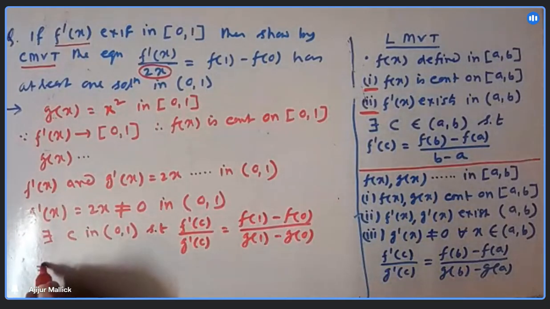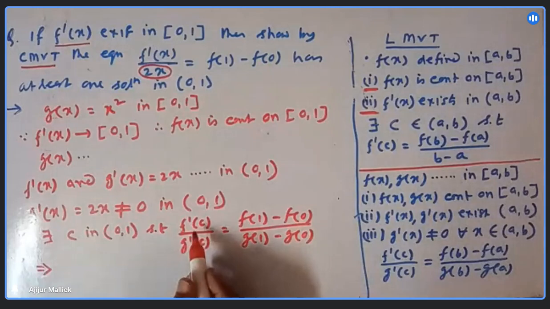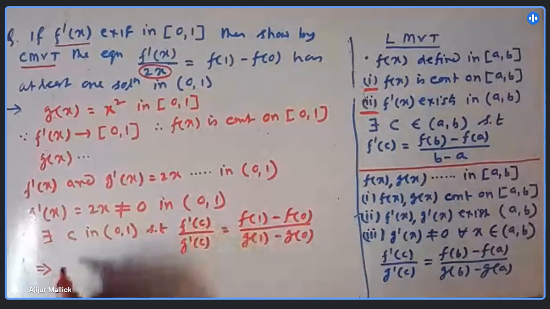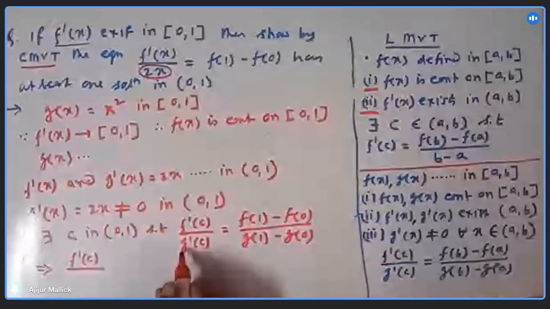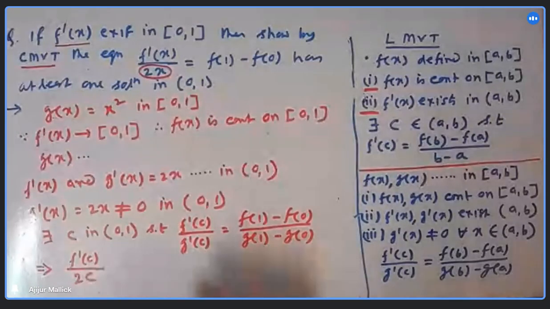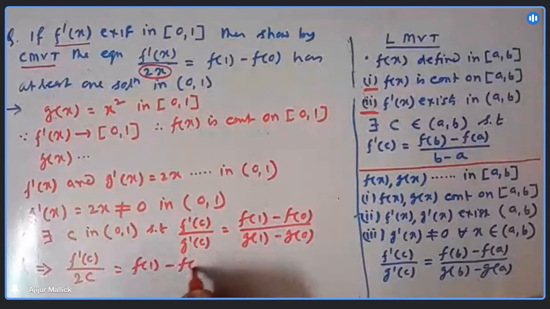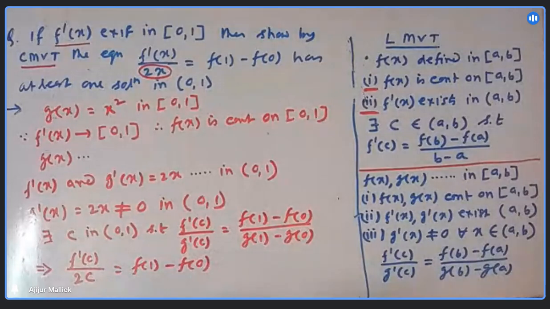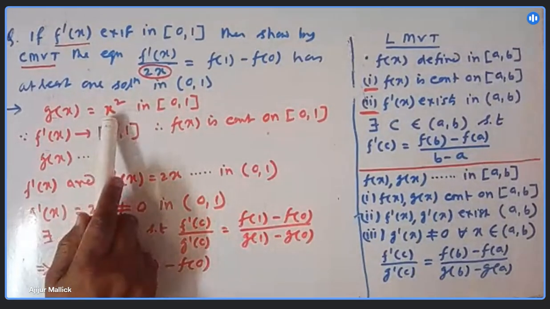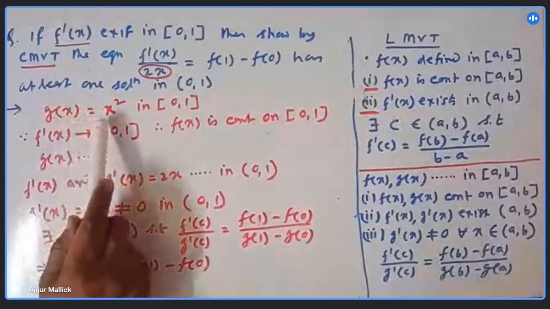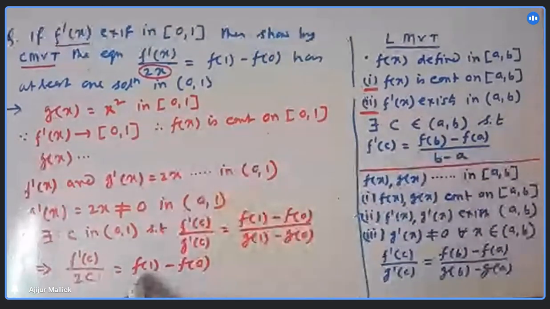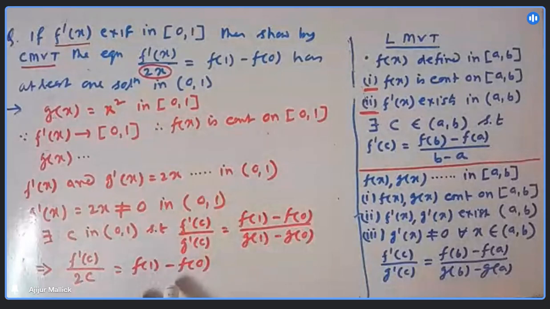So this will give you f dash c divided by g dash c, meaning it is 2c, equal to f of 1 minus f of 0. And g of 1 is 1 and g of 0 is 0, so the denominator is ultimately 1.